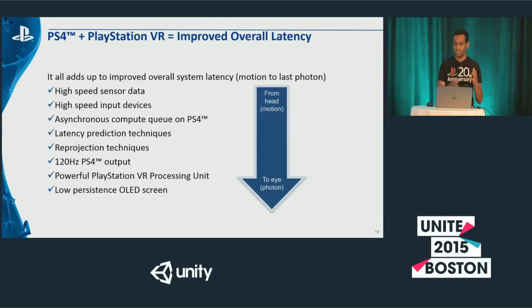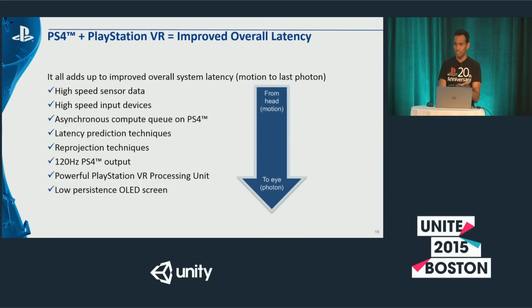We have high-speed sensor data from the VR headset, and then we have high-speed input devices, PlayStation input devices. And following that, the game's utilization of, say, the PS4 async compute queues to utilize the PS4 GPU to the max. Then there are a variety of latency prediction techniques that your game could use. For example, the head movement is constrained, so the game could use techniques to predict where the head could be by the time the frame is presented.